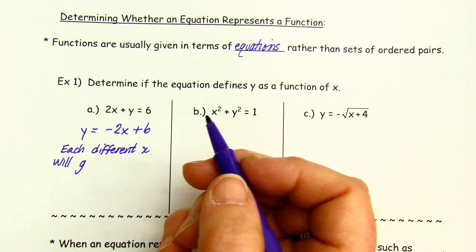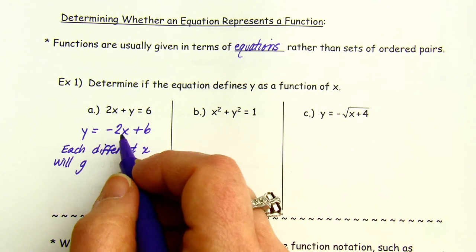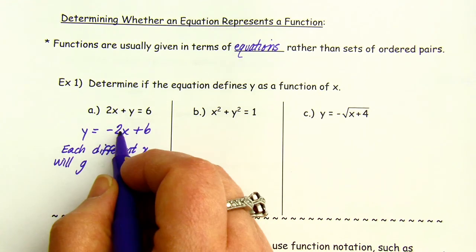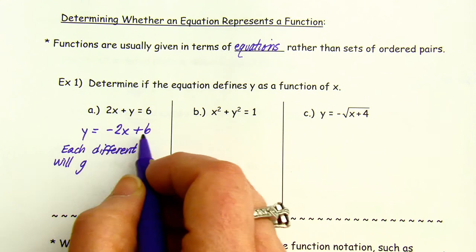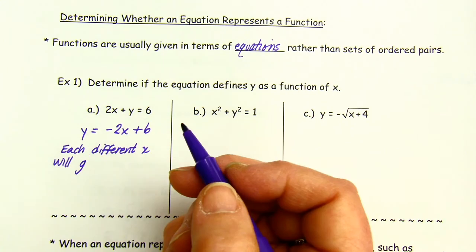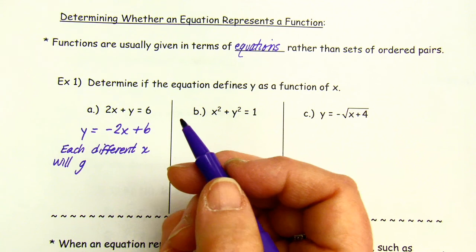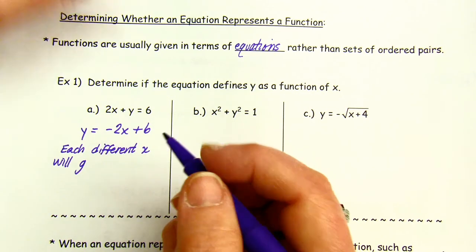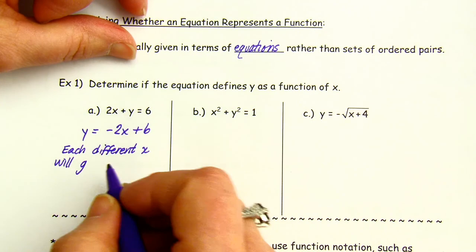So then the ordered pair there would be 2, 2. And if I put a 3 in here, again, this is negative 2 times 3 is negative 6 plus 6 is 0. So the ordered pair is 3, 0. I'm not ever going to have the same x value being paired with a different y. So each x will give exactly one y.